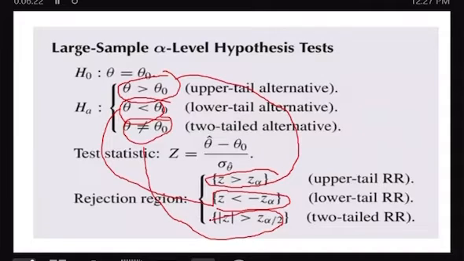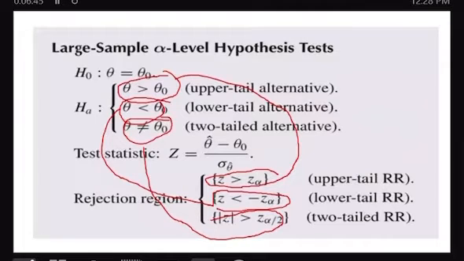So you can see different rejection regions depending on what you're testing. And I told you the other time, the null hypothesis is always going to be equality. Alternative could be less than, greater than, or not equal. You're actually going to figure that out from the question.